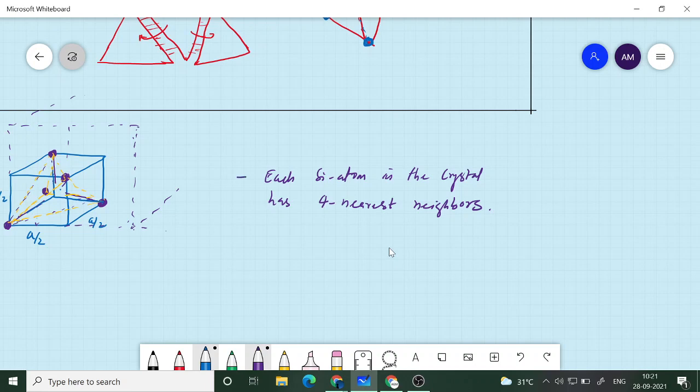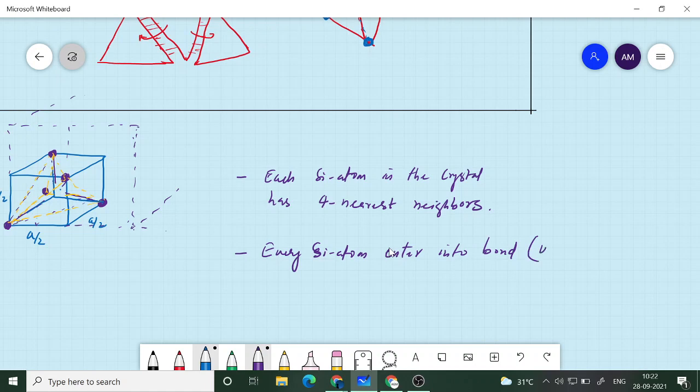Every silicon atom enters into chemical bonds.